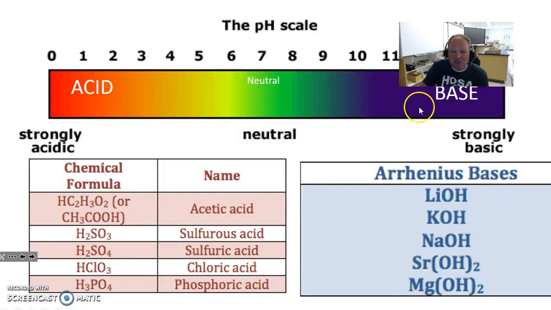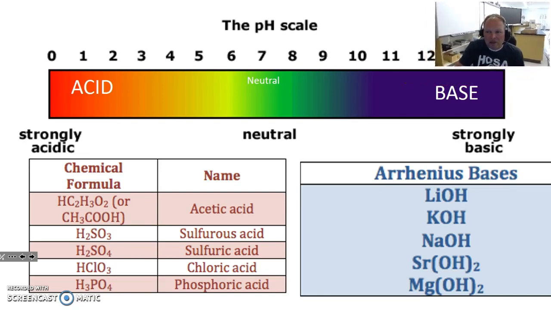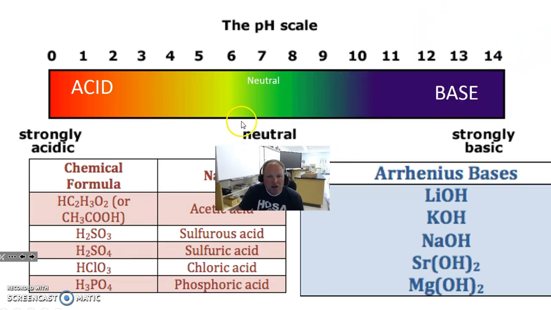So let's talk about the things you need to know about bases. The first thing you need to know is there's a scale. I'll put myself in the middle for now. The pH scale goes from 0 to 14, and it's a scale to measure acids and bases. Let's start with the basics. If I have a pH of 4, I am in the acid zone. So from 1 to 6.9, that is an acid.